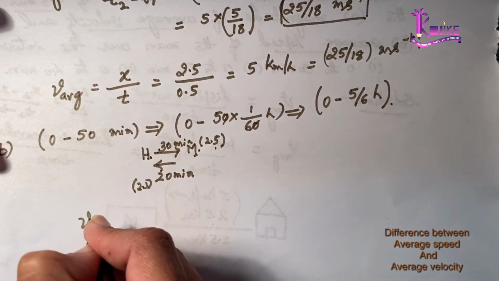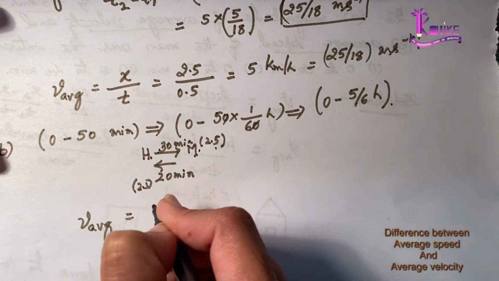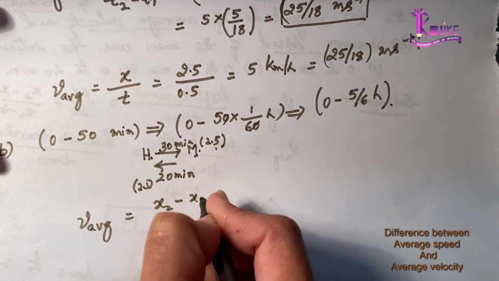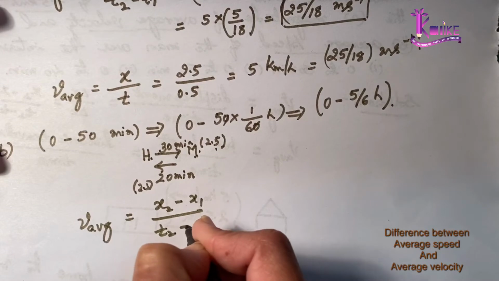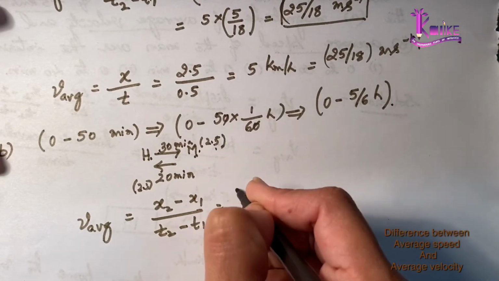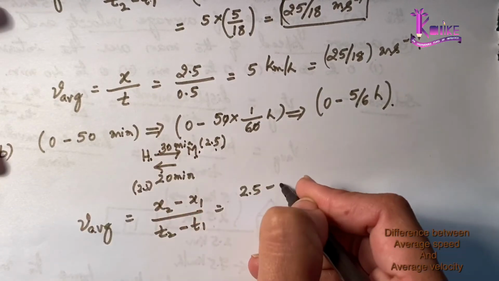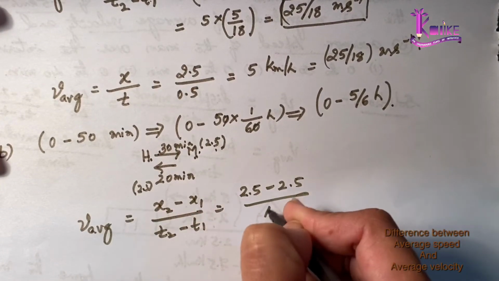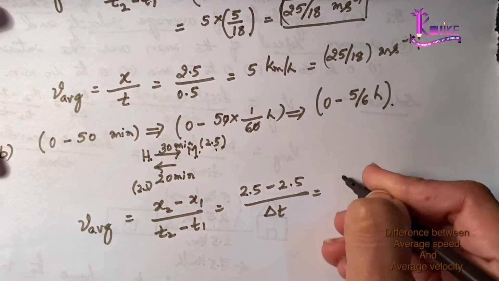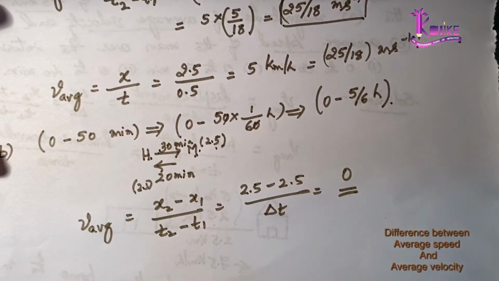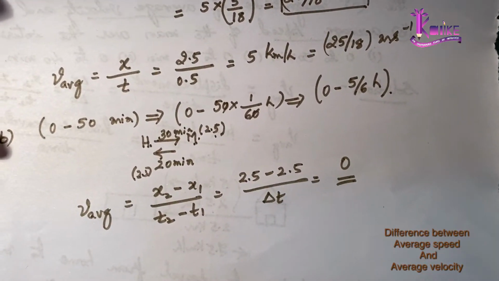So in this case, the average velocity will be x2 minus x1 divided by t2 minus t1. So he reaches 2.5 kilometer and he walks back 2.5 kilometer divided by delta t. It is 0. So the average velocity in this case is 0.